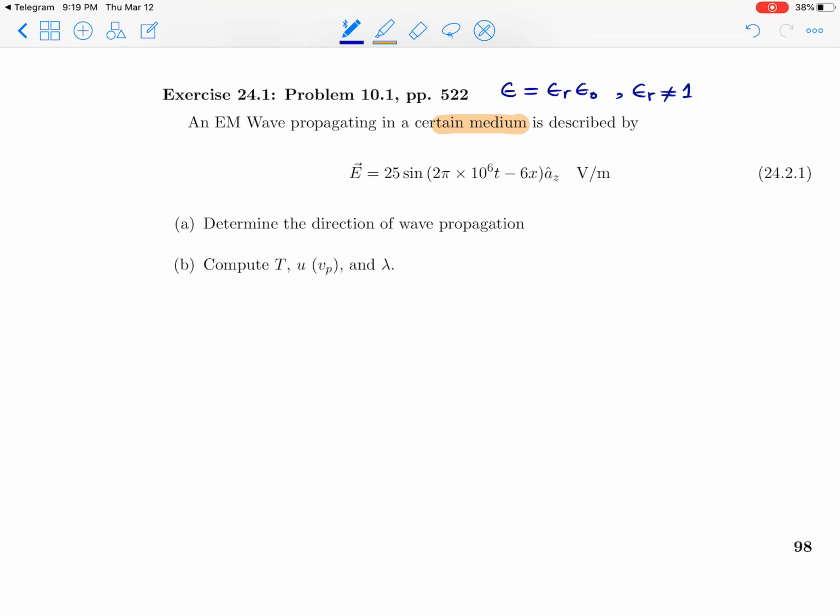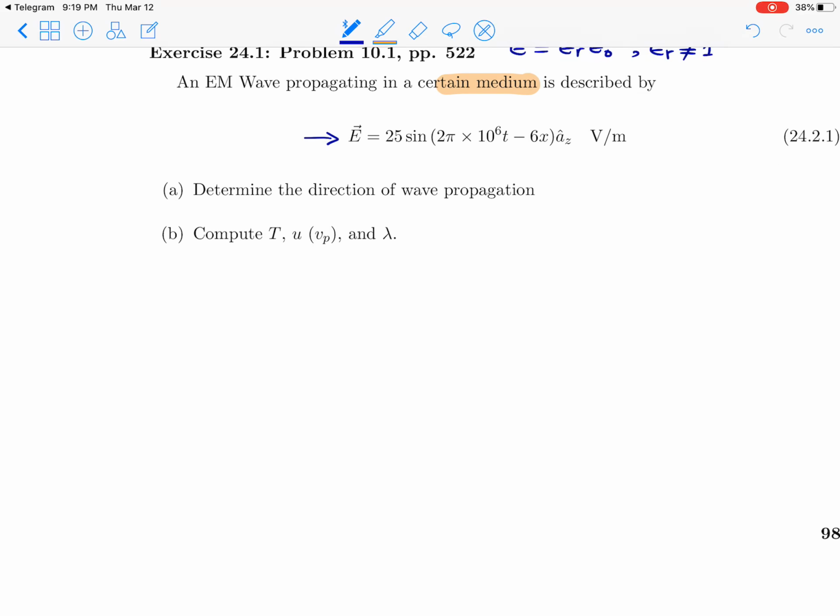The electric field in that medium is given by this expression: 25 sine of 2 pi times 10 to the power 6 t minus 6x, and it's a vector in the az direction.